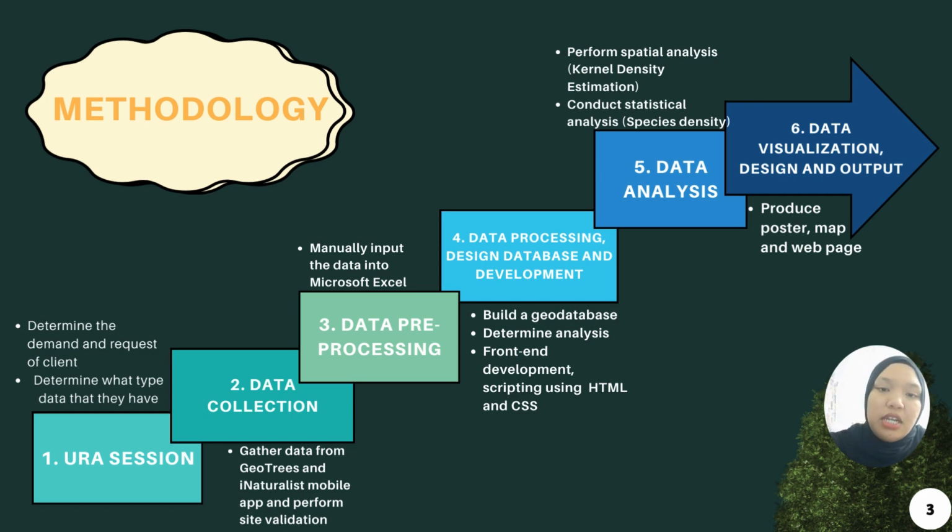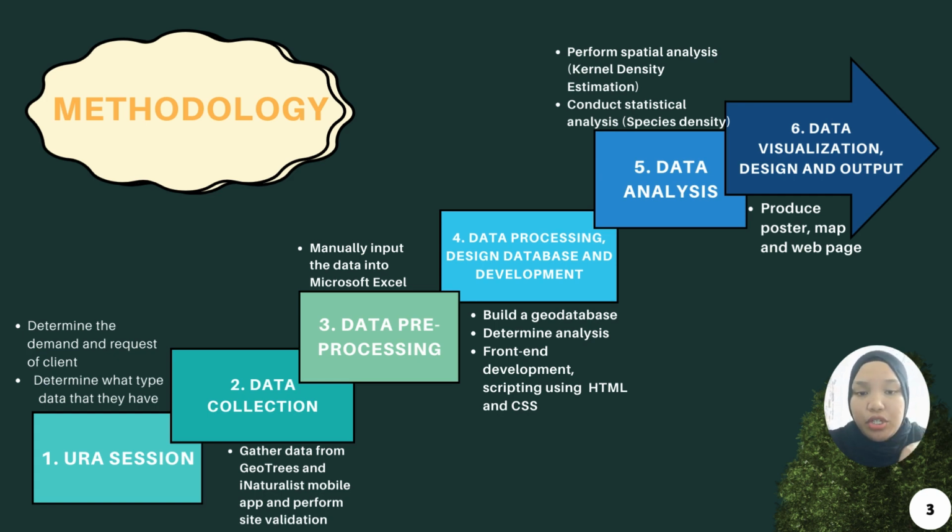For spatial analysis, we use 2 methods: kernel density estimation to find the hotspots of the highest and lowest species of flora, and buffer analysis for bird sightings within 10 meters, to see what flora and fauna visitors can see at bird sighting locations. For statistical analysis, we calculate the percentage of flora and fauna at Sireh Park in Zone 1.